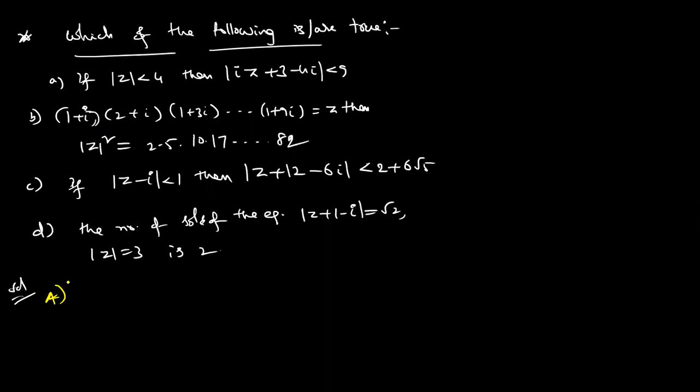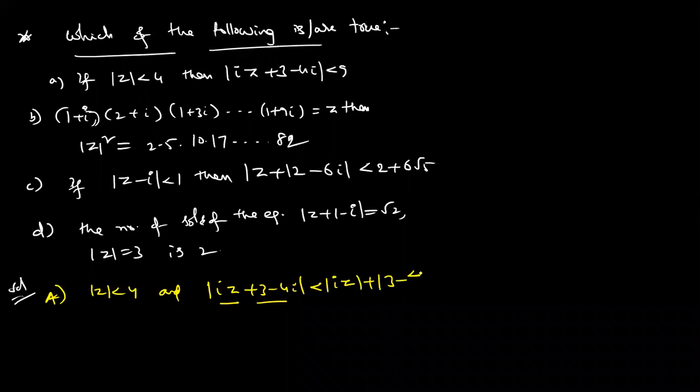For example, mod z is less than 4. Then what is the question given? Modulus of iz plus 3 minus 4i. Consider this as z1 and z2. What is the formula, anyone? Modulus of z1 plus modulus of z2.